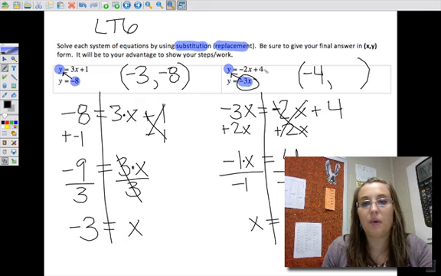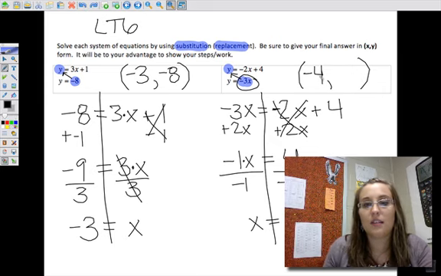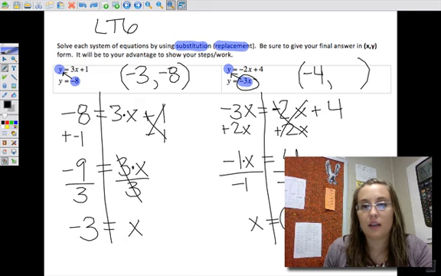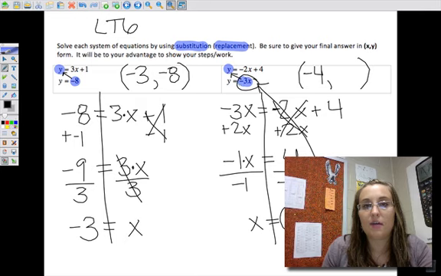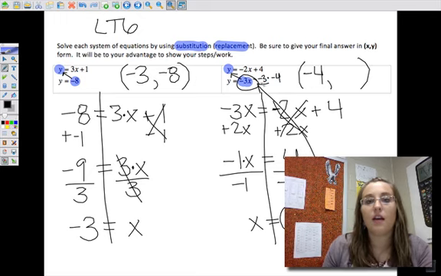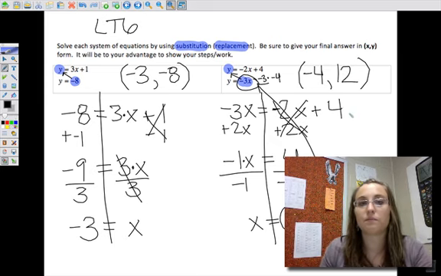So that means that when I have an x, for the y, I have to take -3 times whatever the x is, times the -4. So I need to take this x and replace it back up here into the x to find my y. So y equals -3 times -4 for x, and that gives me a positive 12 for my y over here.